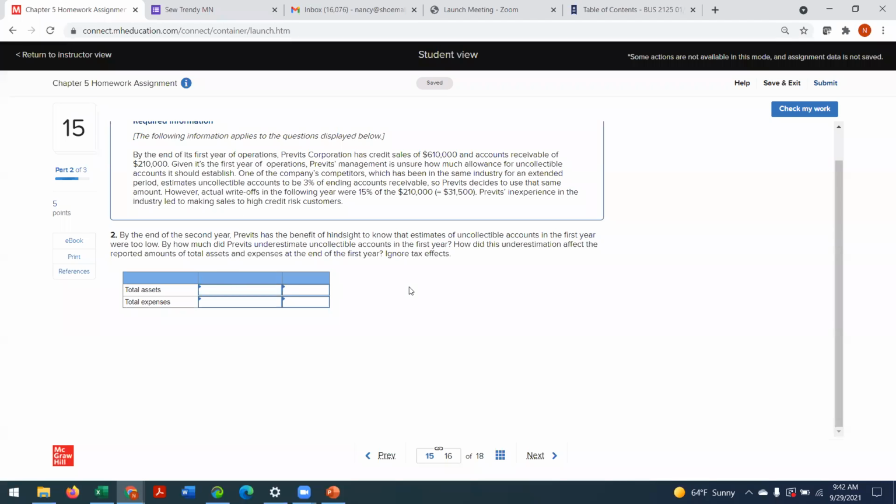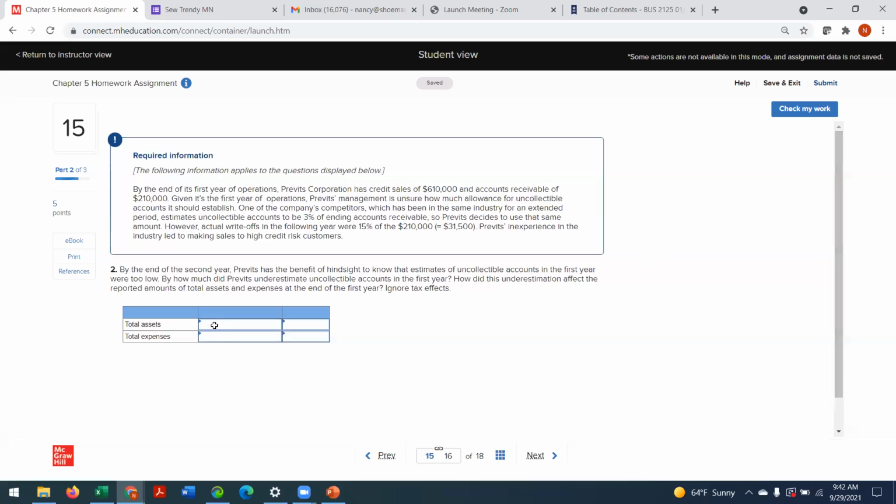So how did this affect the first year? Total assets were overestimated by 25,200, and the total expenses were underestimated by 25,200.